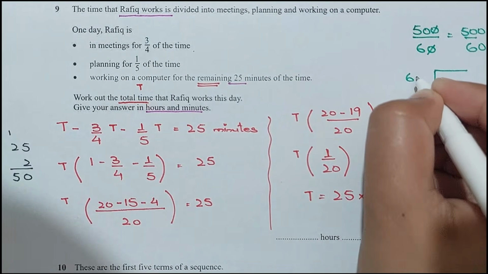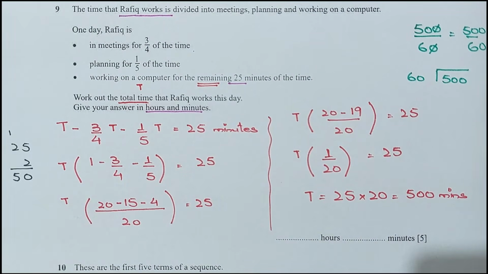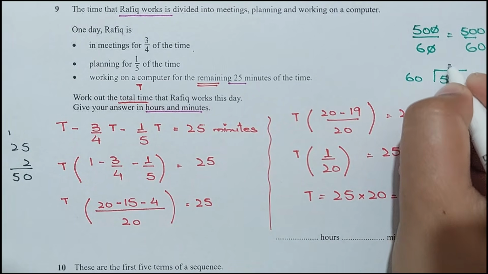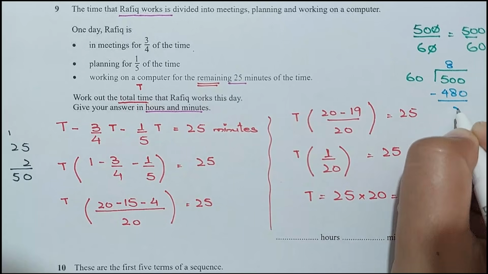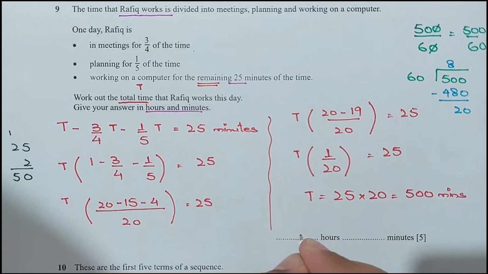Okay, 60 is outside and 500 is inside. Let's see. 6 times 8 is 48, and 60 times 8 is 480, and the difference would be 20. So this is 8 hours and 20 minutes would be the answer.